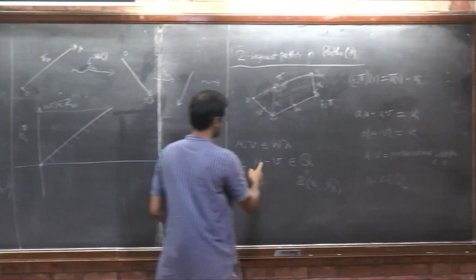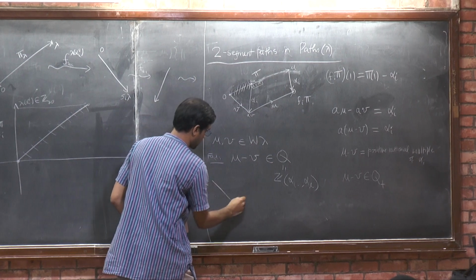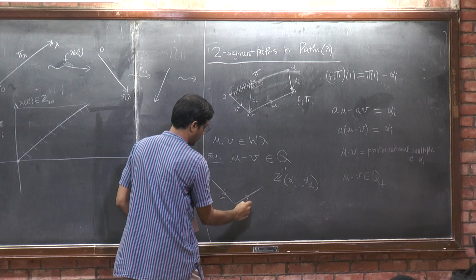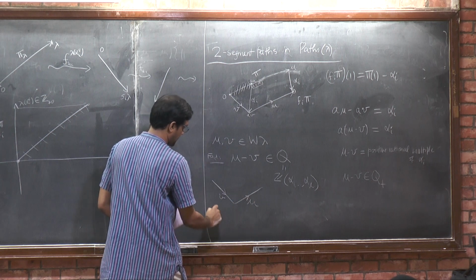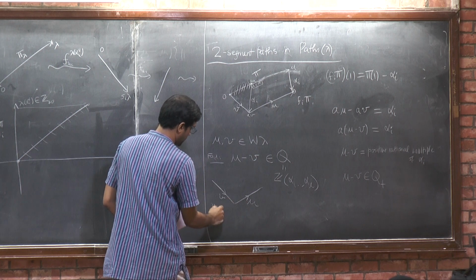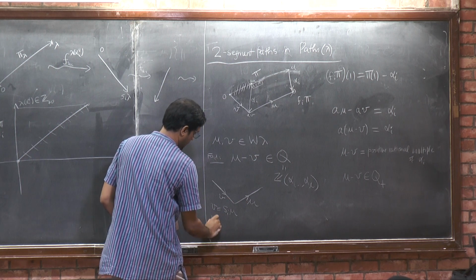So what do we know about these two, mu and nu? Finally here's the conclusion: this two segment path has two directions, nu and mu, with the following properties. Nu and mu differ by reflection, so this is Si mu, just a simple reflection.